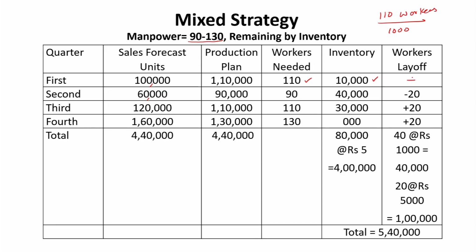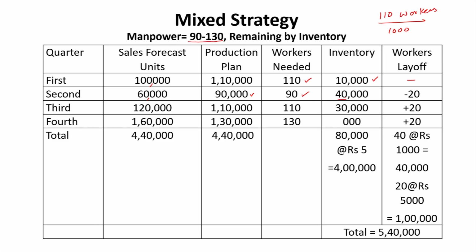In the second quarter, the demand is 60,000. So, I will reduce my manpower to 90. I will not reduce to 60 just like in a change strategy. I will reduce to 90 workers and I will produce 90,000 units, and in the process I will produce an additional 30,000 units of inventory, 10,000 I was having earlier.